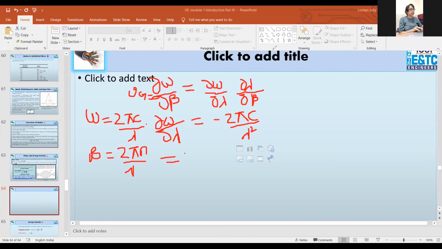Sorry. It's not equal to. Now tell me, what is del beta by del lambda? Tell me what it is. Now tell me what all parameters will vary with the wavelength, right?